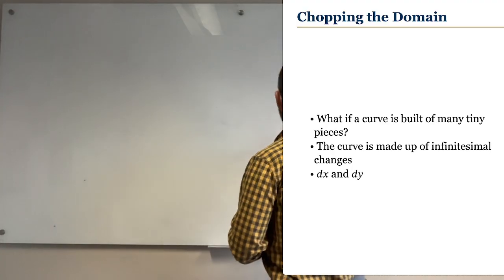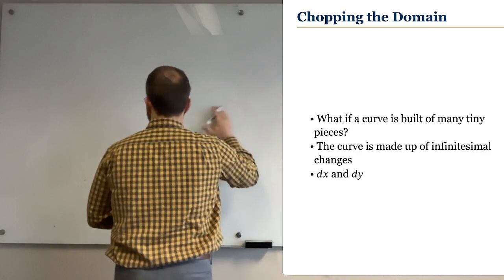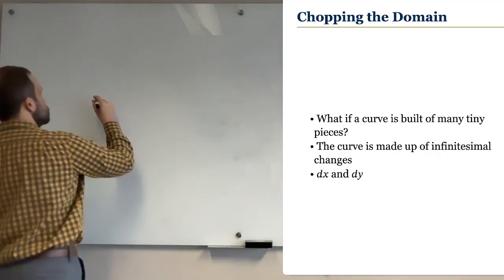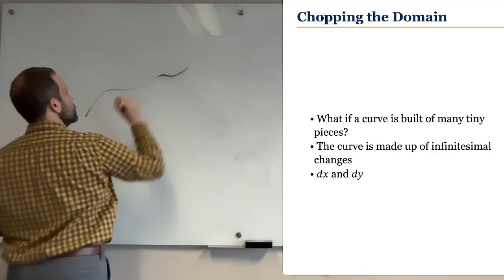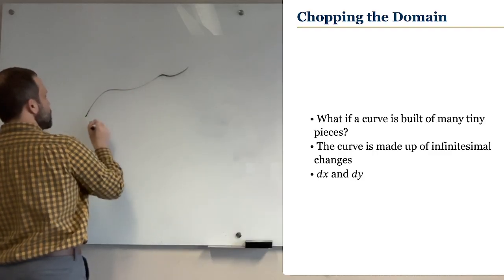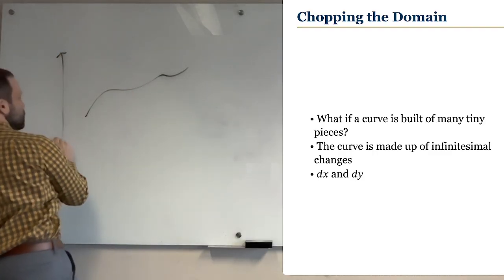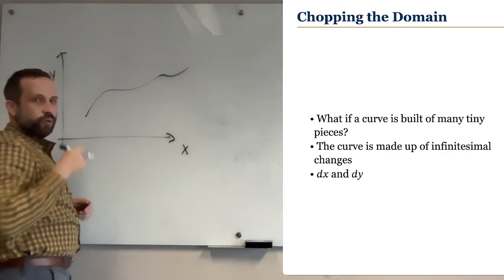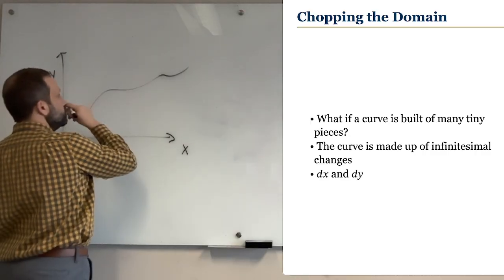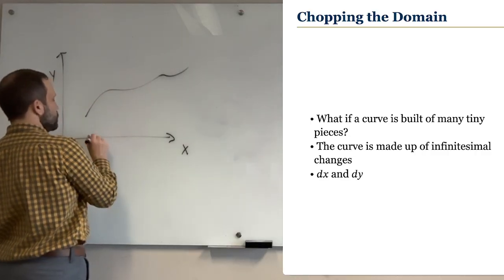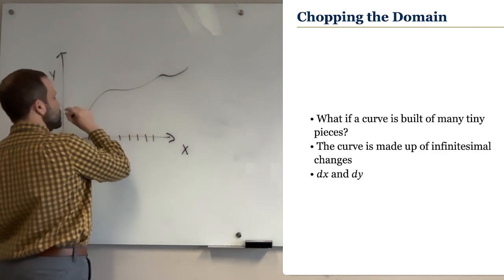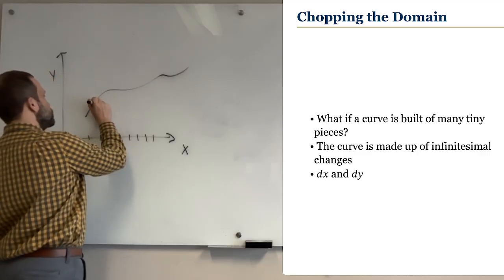So one way that we can think about this would be the following. What if we take a curve and cut it up into a bunch of different pieces? Take a curve like this, and if this is the x-axis and this is the y-axis, we want to chop the x-axis up into a bunch of pieces, and the y-axis changes as well.